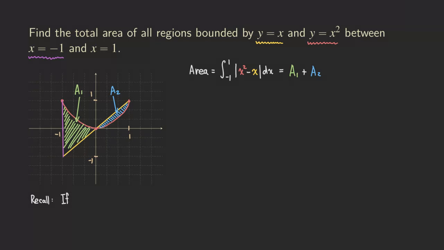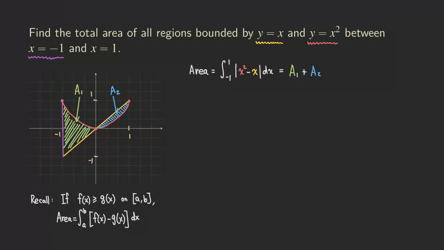If you have a function f(x) that's greater than or equal to another function g(x) on the interval from, let's say, a to b, then the area is going to be given by the integral from a to b of f(x) minus g(x). So you have to use the curve that's on the top, subtracting the curve at the bottom.